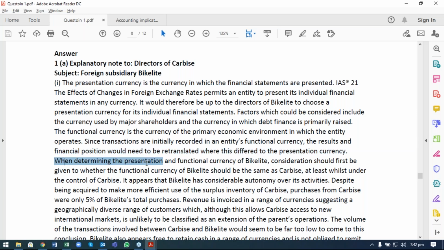When determining the presentation and functional currency of Backlight, consideration would first be given to whether the functional currency of Backlight should be the same as Carbise, as Carbise is the parent company, at least whilst under the control of Carbise. At what point of time? Up to the point when Backlight was within the control of Carbise, when Carbise had not disposed of the Backlight holdings.